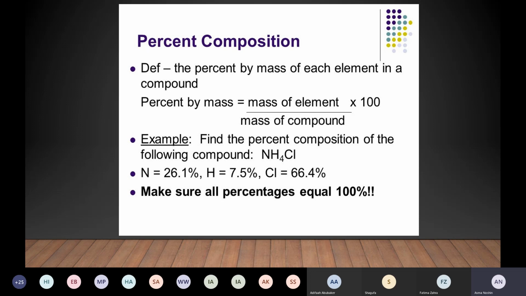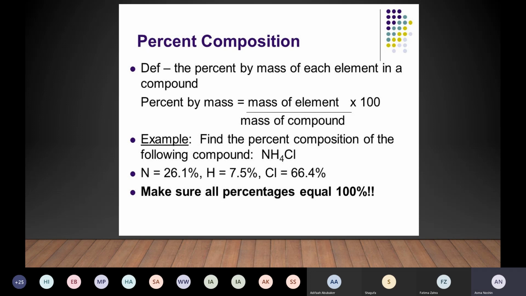Okay. Yes, it is the molar mass of the whole compound. Okay, Sophia, now clear? How did you get it? From where is 53.5 coming?